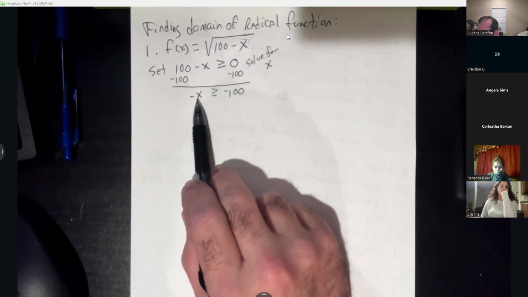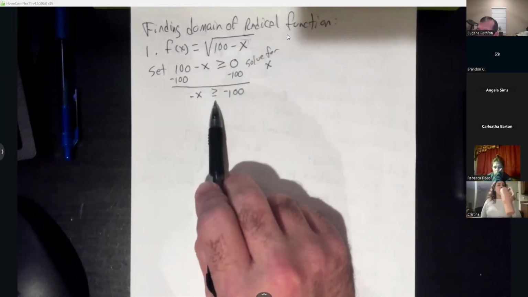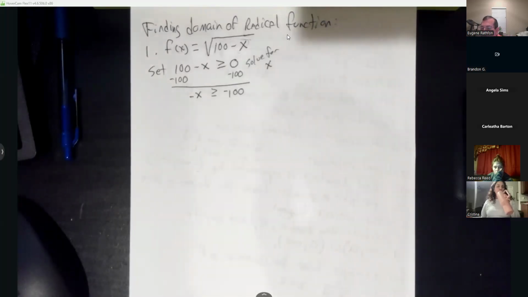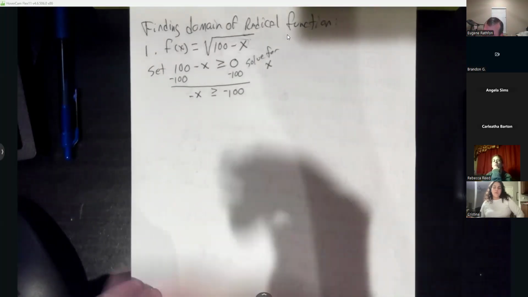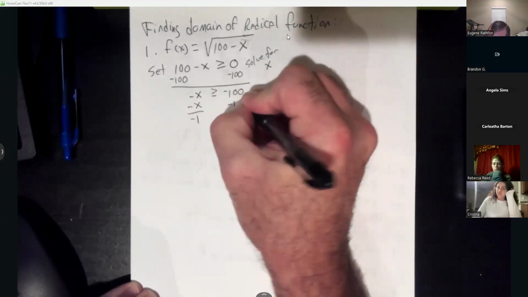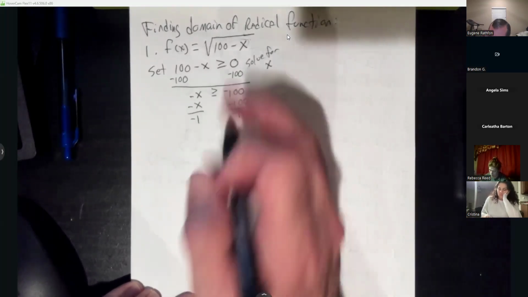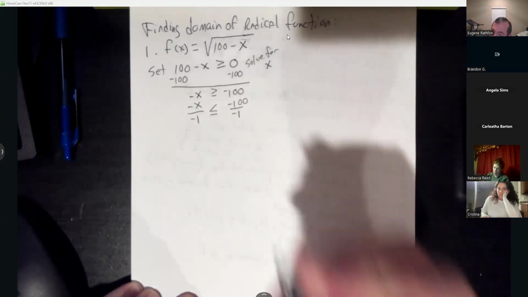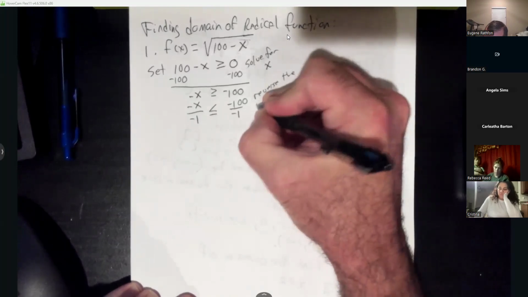If I divide by -1 to make that x positive, since I'm dealing with an inequality, if you divide an inequality by a negative number, it's got to change it and reverse it, okay? We got to flip that inequality. So I'm going to divide by -1. Since I'm dividing by -1, this greater than or equal is going to become a less than or equal. So reverse the inequality.